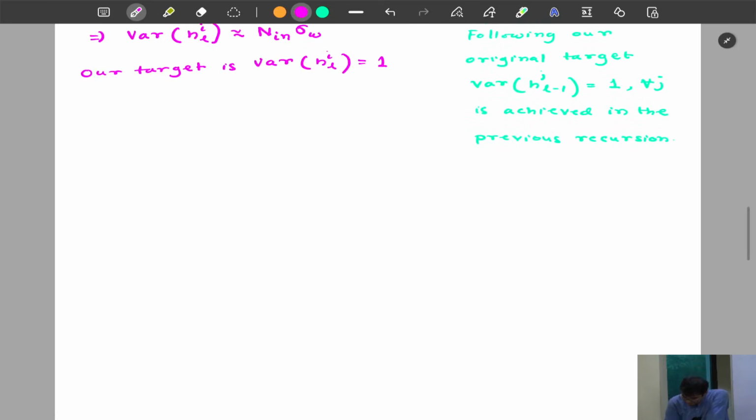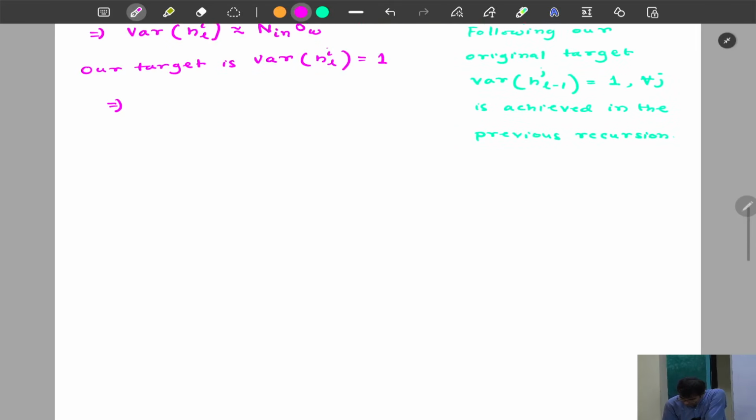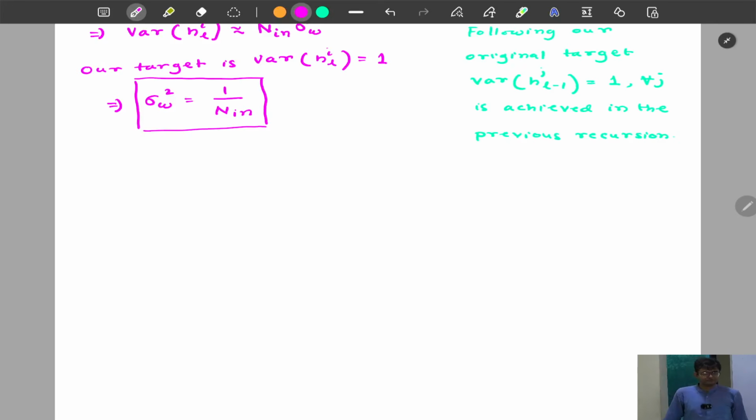What does it mean? Sigma W squared is equal to 1 by N in. So if I set this value, then it ensures that during the forward pass the variance will not blow up, it will be 1, right? And it will be reasonable enough.